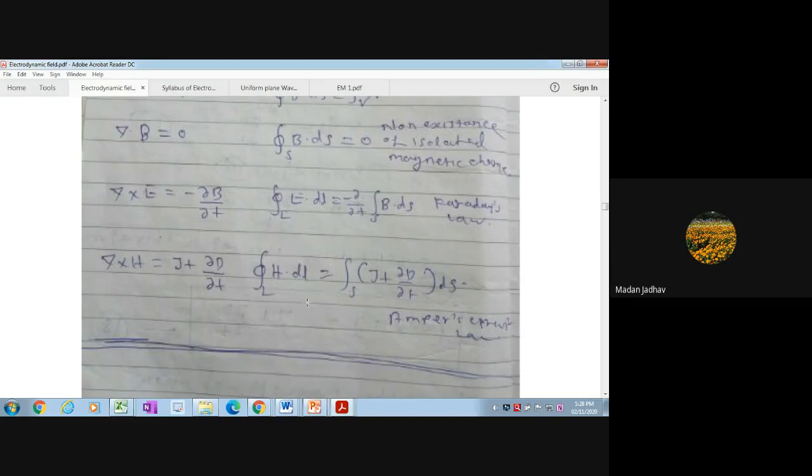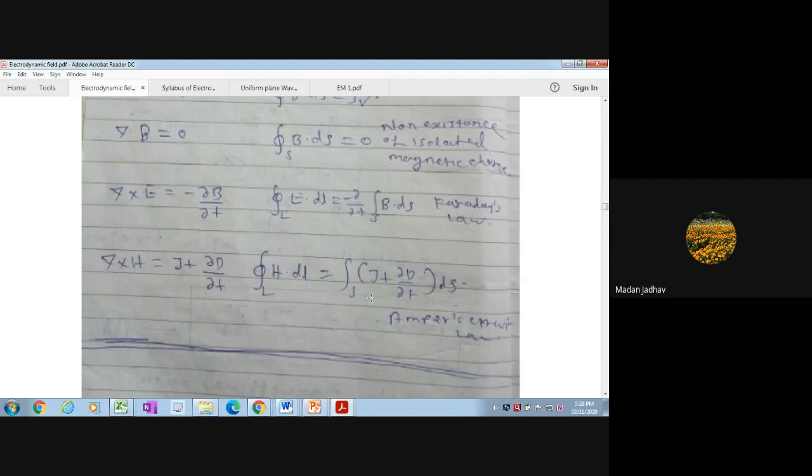Then this is nothing but the total current flowing through that surface. Here J plus Jd, the displacement current density, are summed, and the surface integration of the current density is the total current flowing through that surface.